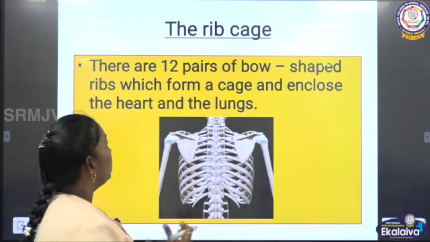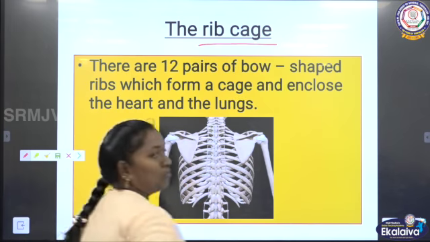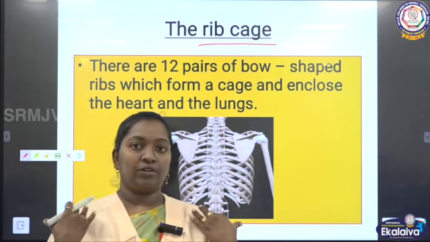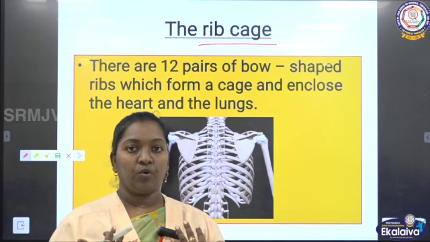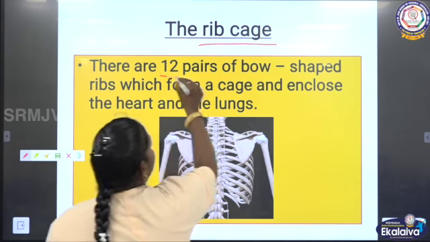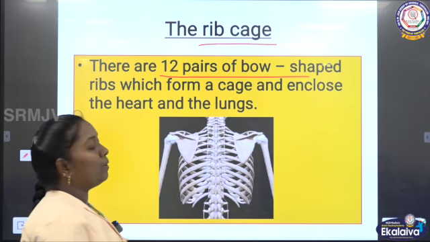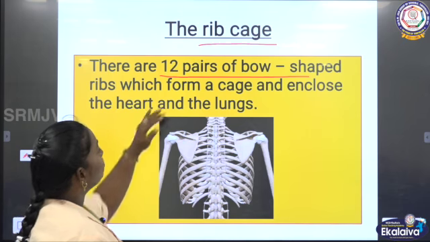Now we are going to learn the ribcage. The bone which covers our front part, the breast part, is called the rib cage. It is made with 12 pairs of bow-shaped ribs which form a cage.